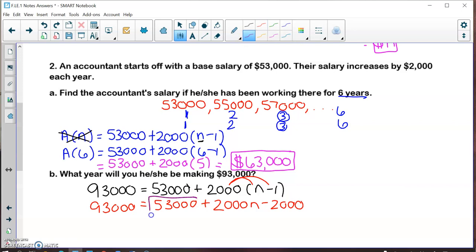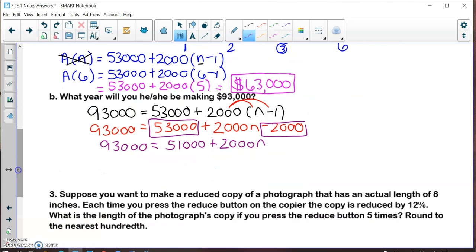I'm then going to combine like terms. I'm then going to subtract this 51,000 over.